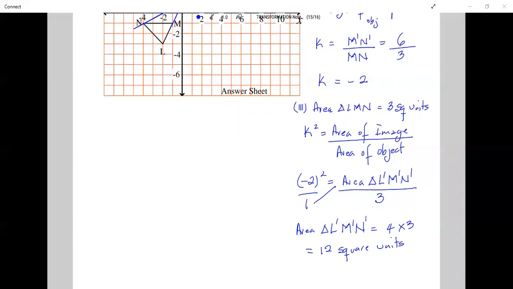So for the last part of the question, I used the fact that K squared is equal to the area of the image divided by the area of the object.